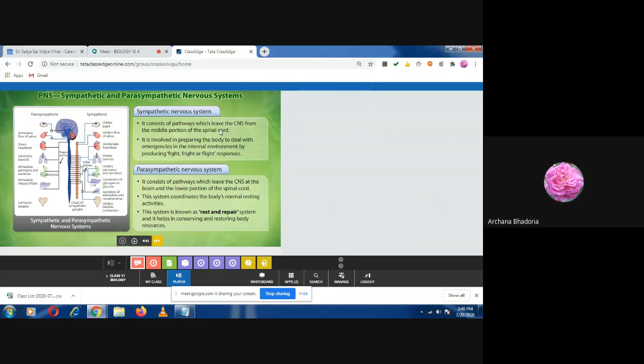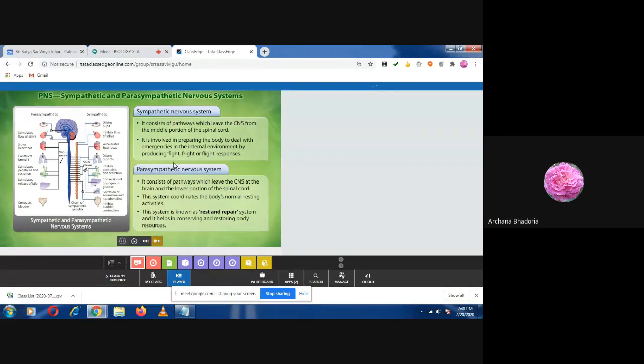And it is involved in preparing the body to deal with emergencies in the internal environment.